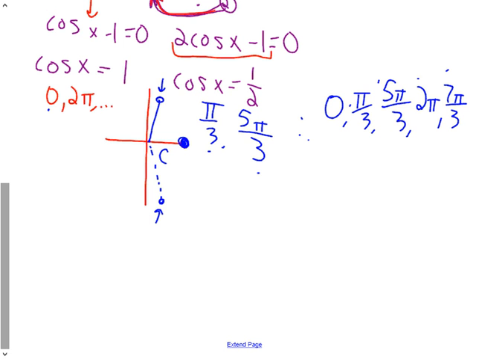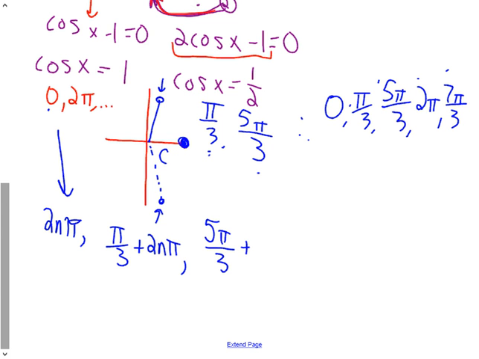Right? So we've got 2n pi for my 0 plus 2 pi answers. There's one set. My next set is going to be pi thirds plus 2n pi. And my last one is going to be 5 pi thirds plus 2n pi.